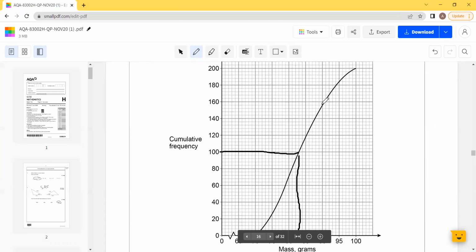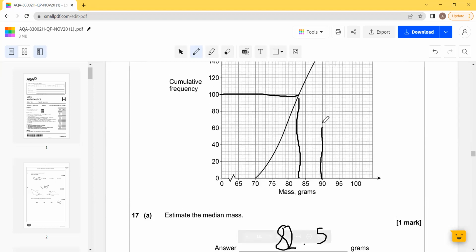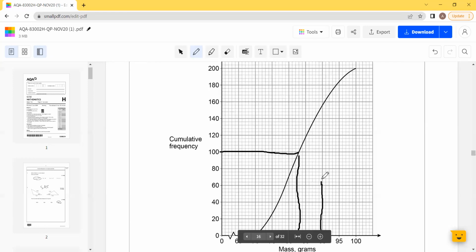So this is where 90 grams is. Okay, and I'm going to try and draw this line up to the frequency graph. Okay, now what we can do is see what value this is.